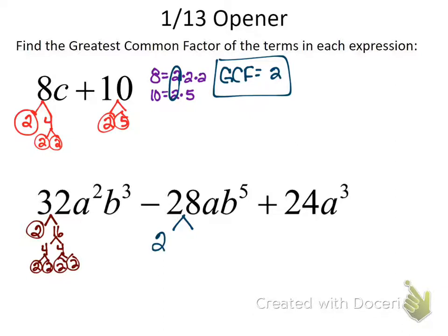Yep. Are you going through 2 times this, 2 times that? What's an easier way to do that? Take 28 divided by 2, and that'll give you the number you can multiply it by. What did you get? 28 divided by 2. So put your big number in first. 14, right?